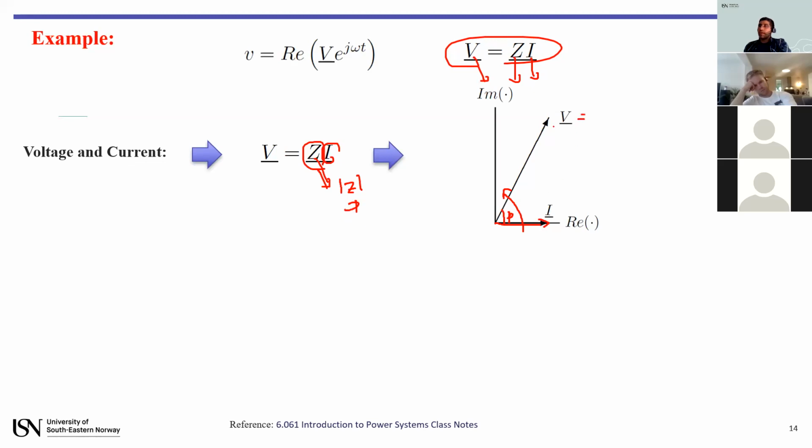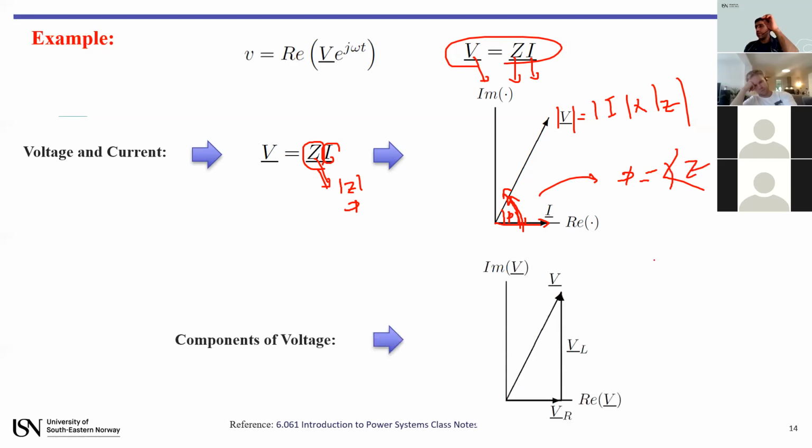So we can say the amplitude of V is the amplitude of I multiplied by the amplitude of Z. And the phi, this difference between the voltage and current, will be the angle of Z.